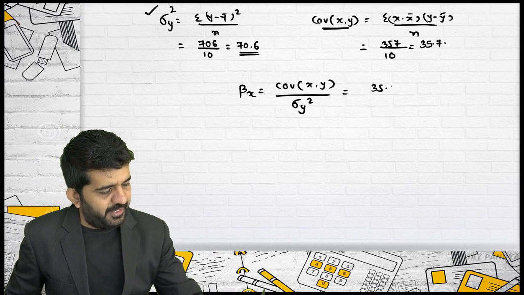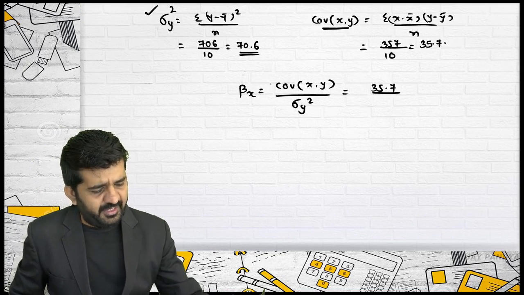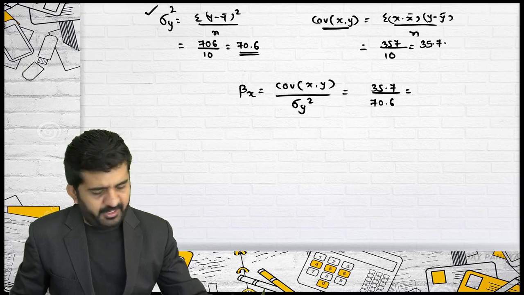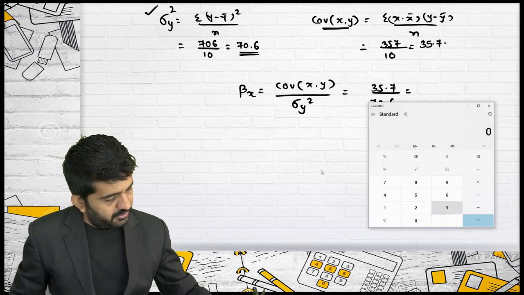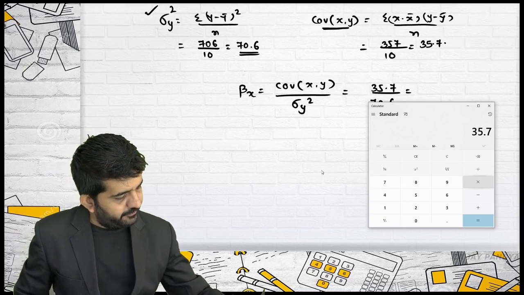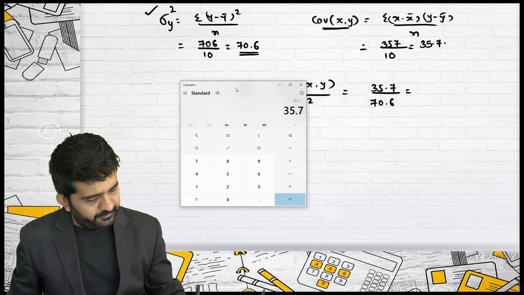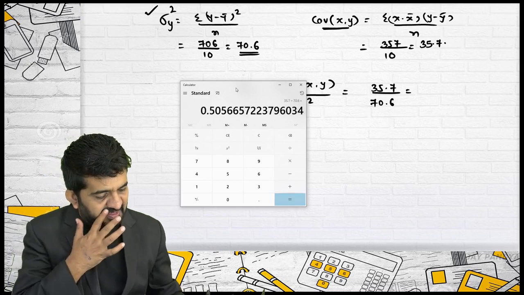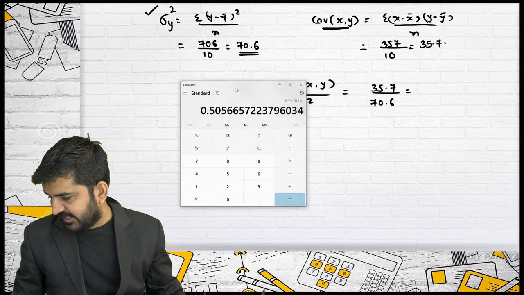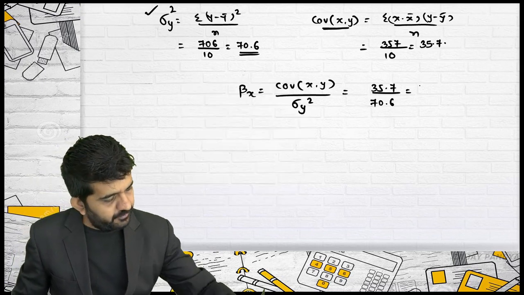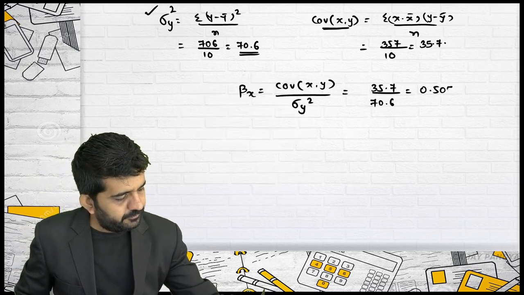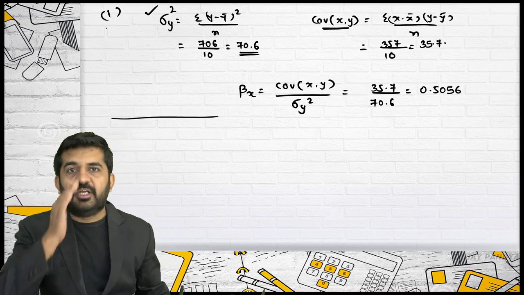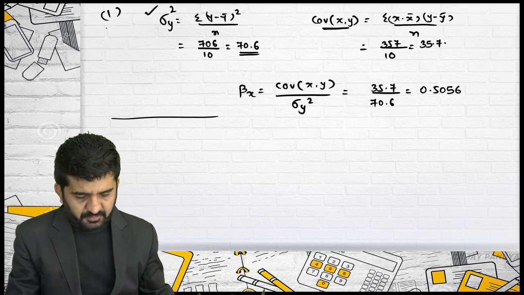It is 35.7 divided by 70.6, which is nothing but 0.5056. This is the beta of the security, and this is our first answer.